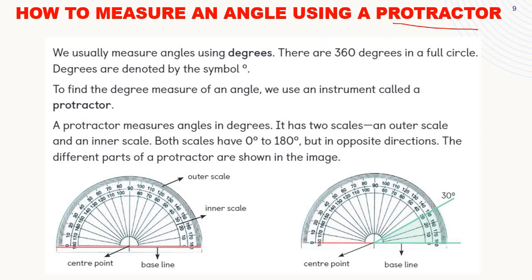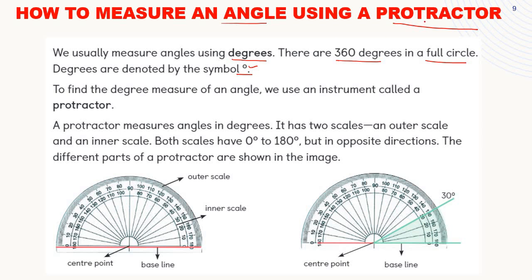We usually measure angles using degrees. How many degrees are there in a full circle? Yes, there are 360 degrees in a full circle. And degrees are denoted by this symbol.